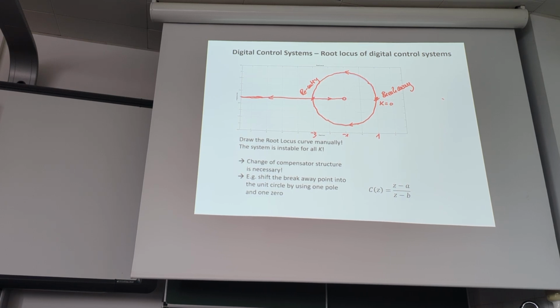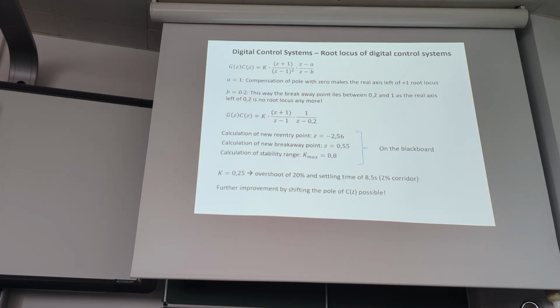So this is then the new controller structure that we used, C of z equals z minus a over z minus b, so 1 zero and 1 pole. Okay, and then, for example, we put the zero on top of the 2 poles from the process plant, and the new pole a little bit left on the real axis, and then we have a nice closed loop system behavior.